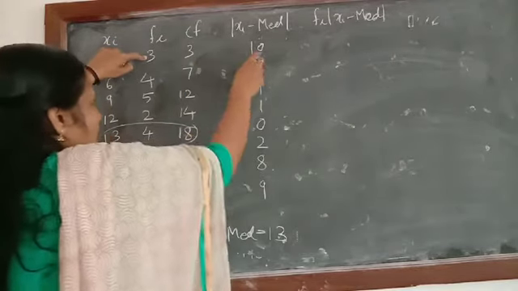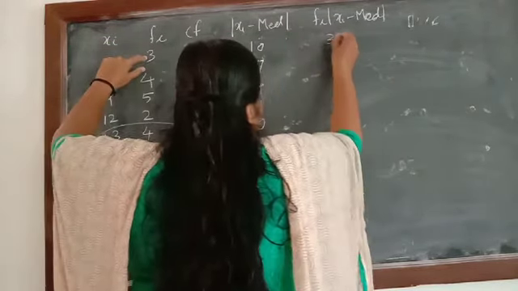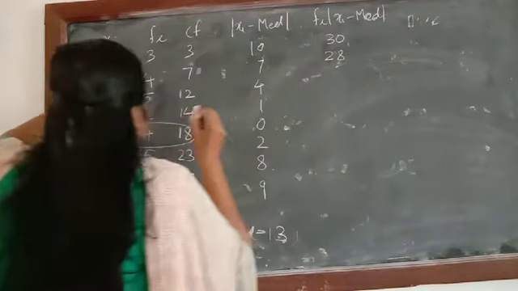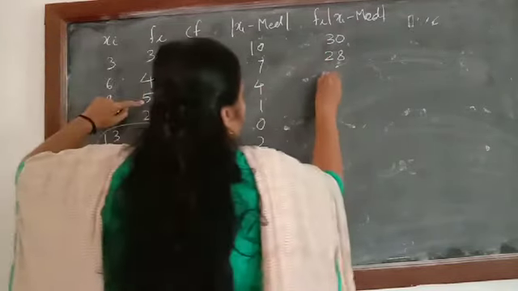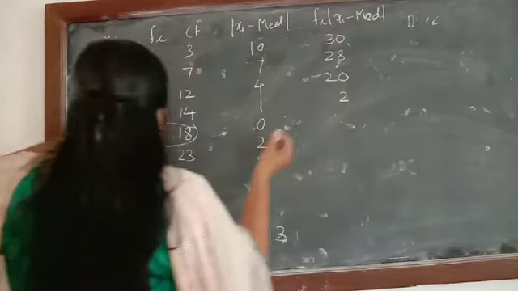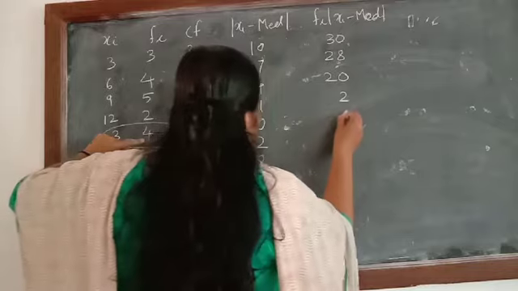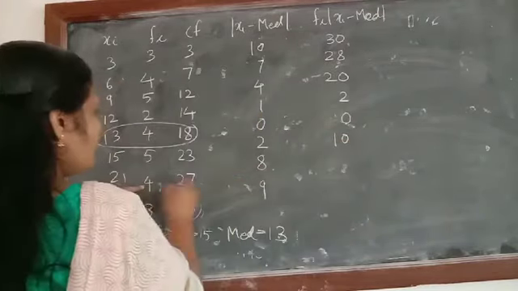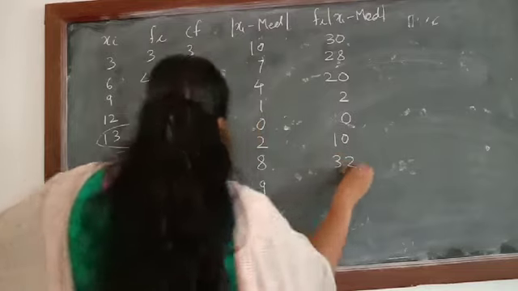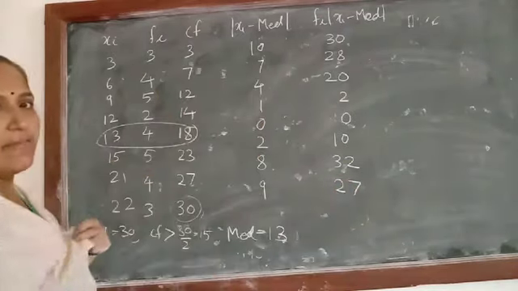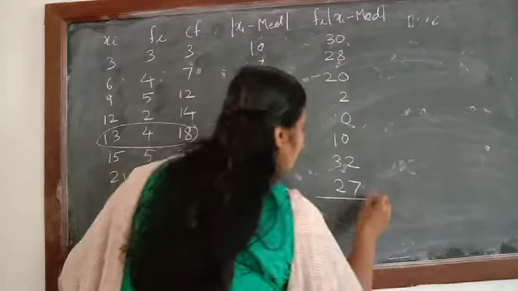Now the multiplication: 3 into 10 is 30. 4 sevens are 28. 5 fours are 20. 2 into 1, 2. 4 into 0, 0. 5 twos are 10. 4 eights are 32. 9 threes are 27.